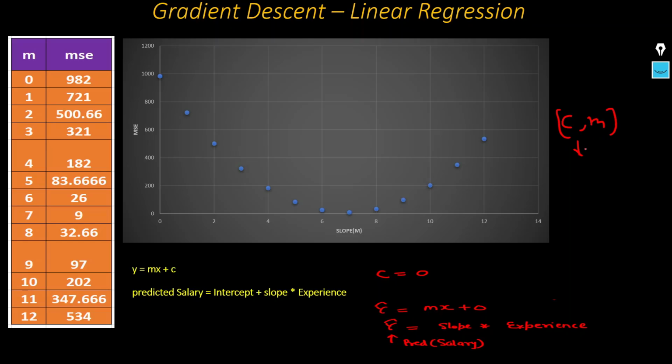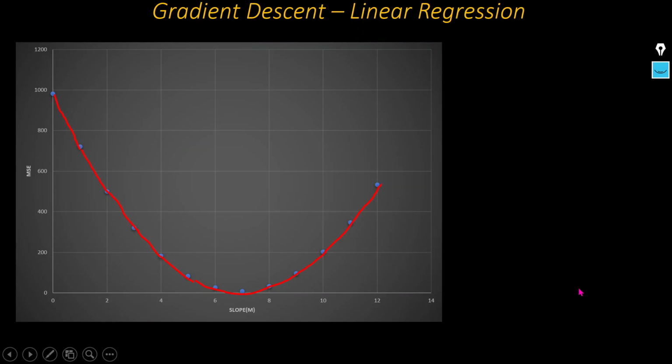So for that what we do, we calculate the slope, like this particular slope, and by using this slope we find at which point I am getting the least slope. Let's see, this is the MSE versus m line, or we can say this is your MSE curve, right?